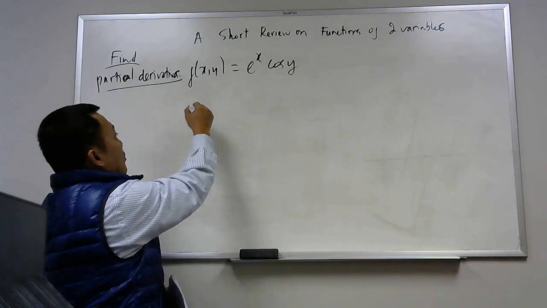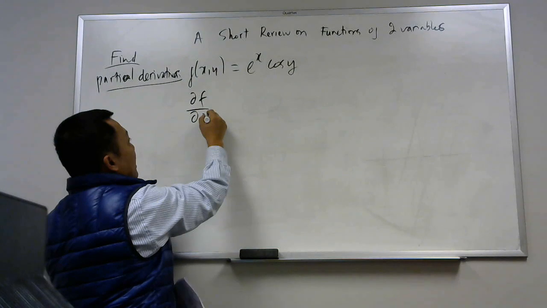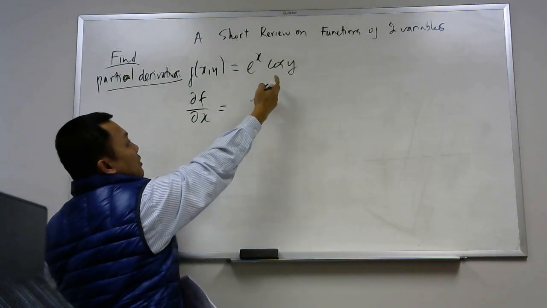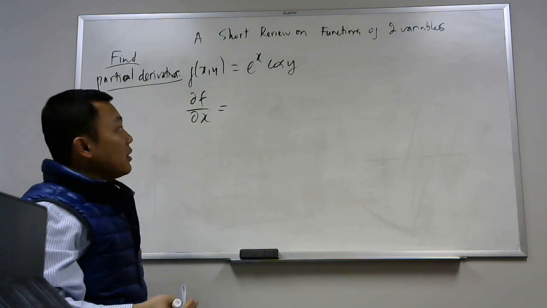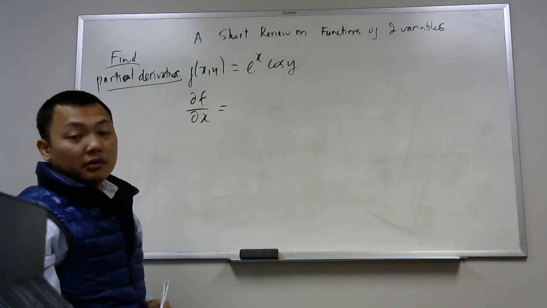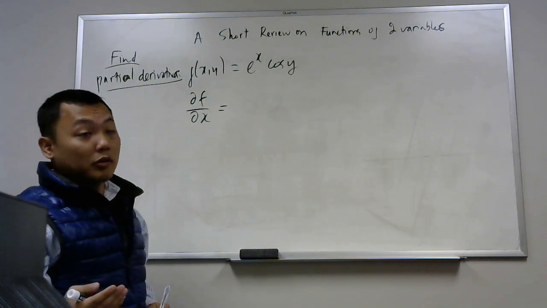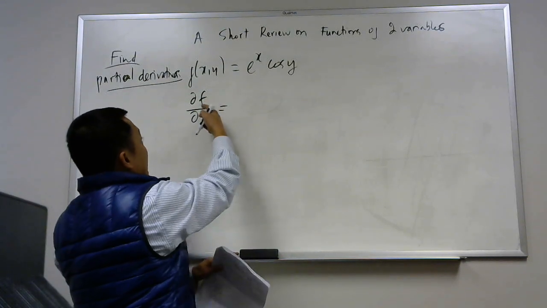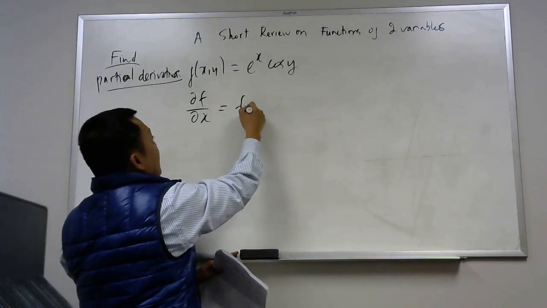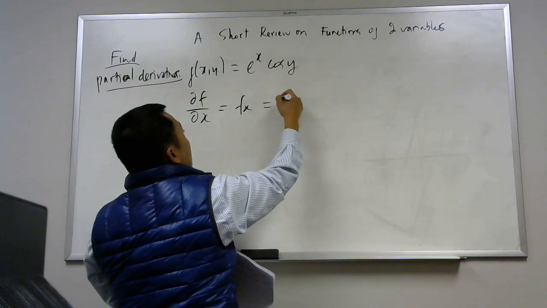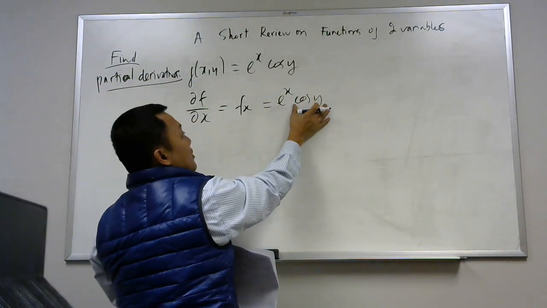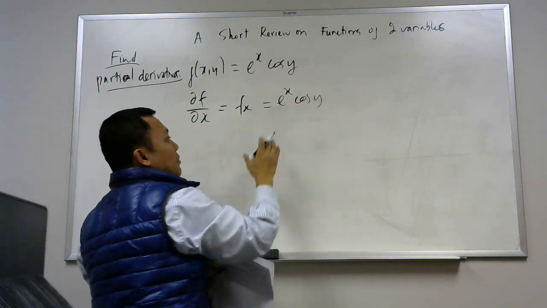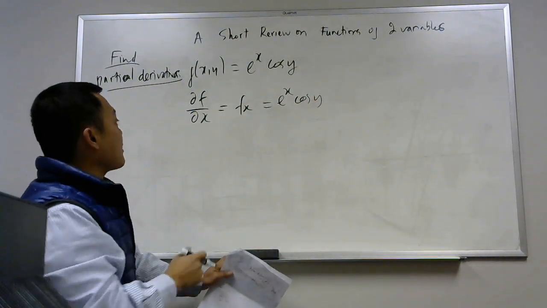You find the partial derivative of f with respect to x. So you just look at y like a number, like a parameter, and you take the derivative with respect to x, like a function of one variable.